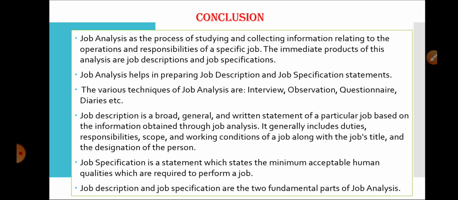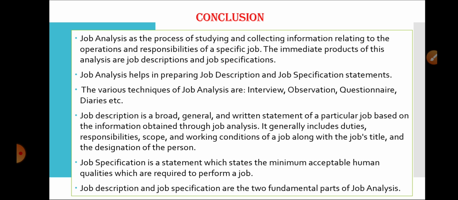The ways to collect the information are the interview method, observation method, questionnaire method, and diaries, through which the job analyst can gain information about the particular job, and accordingly chart out the job description and specification.